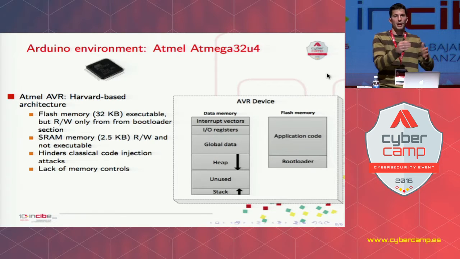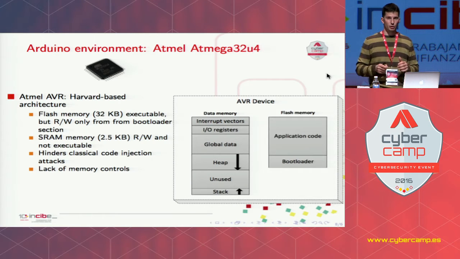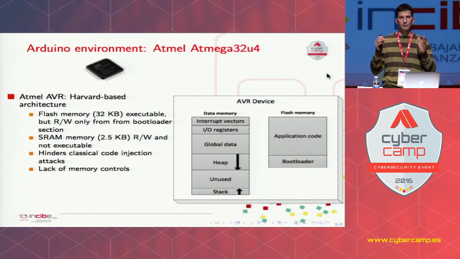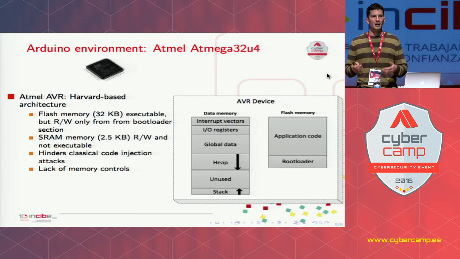That is to say, you cannot inject your code there and execute it at the same time, because you either write on it or you execute. You cannot do both. And this is a physical thing. There is no operating system saying that this page can be read or not. This is a physical thing. Therefore, with this, you are preventing code injection attacks.